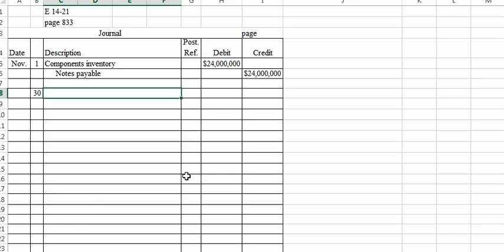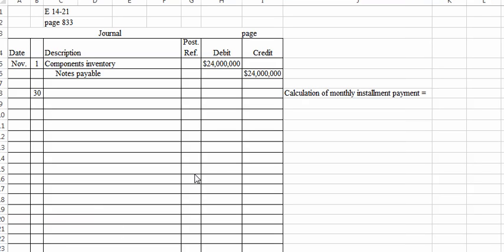These payments include interest at the rate of 12%. So let's come over here. Calculation of, I just called it monthly installment payment. So calculation of our monthly installment payment. I'm going to come here to knock it out.